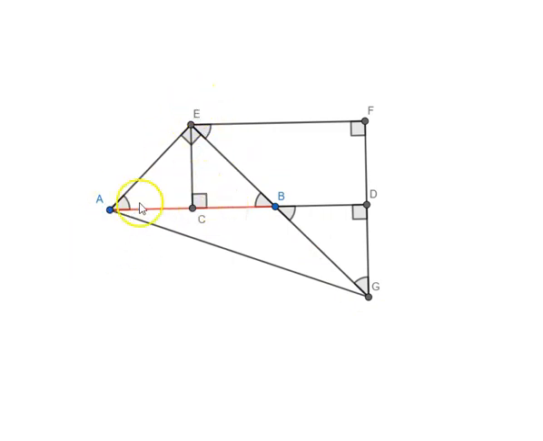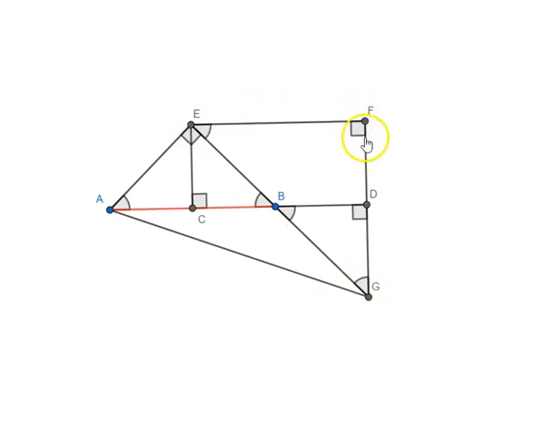AEC. AE square is equal to AC square plus CE square, Pythagoras theorem, or rather proposition 47 of book 1. And AC is equal to EC. So we can say AE square is equal to 2 times AC square. Okay, now let's look at this triangle EGF.